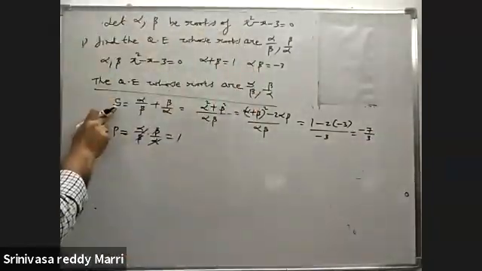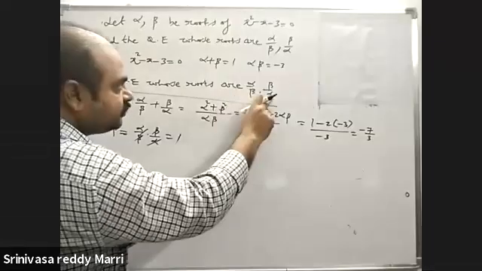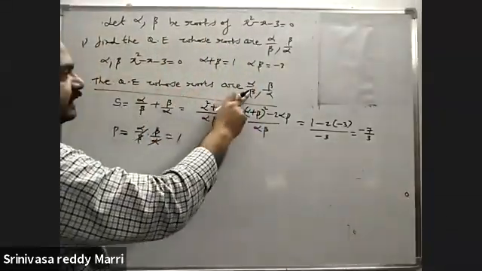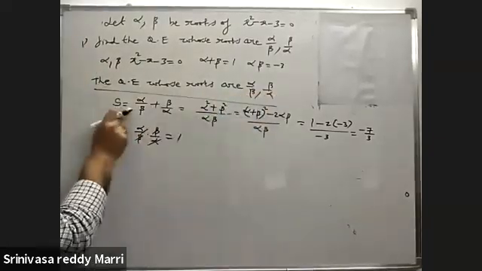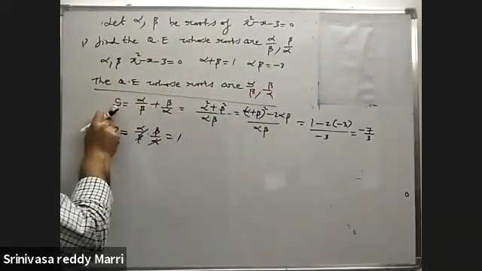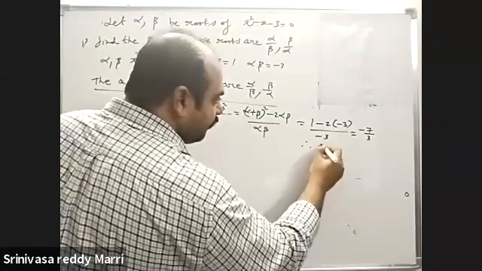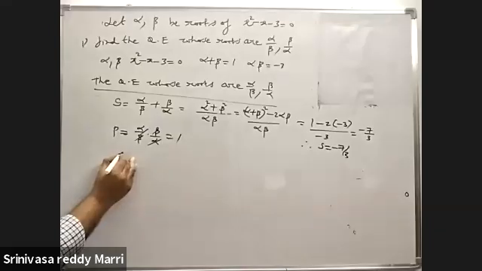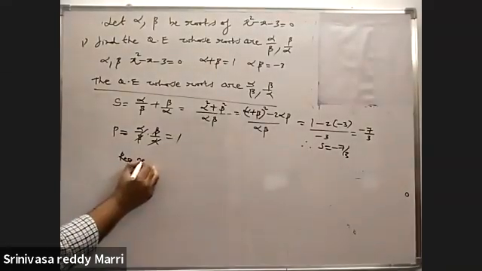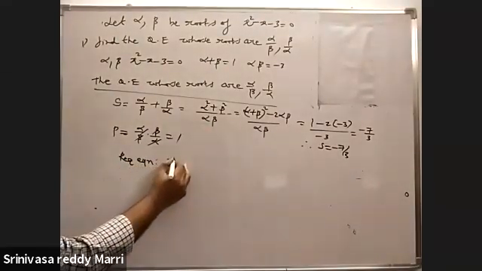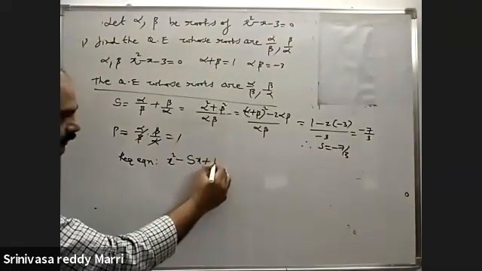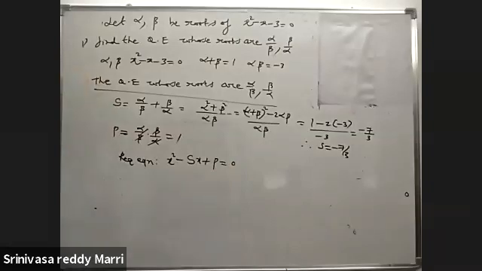So that means the sum of the roots is what? The sum of these two roots, not these roots. Because you have to find the quadratic equation whose roots are these, you have to find the sum of these. S means sum. Therefore, the required equation is nothing but x square minus Sx plus P equal to 0.